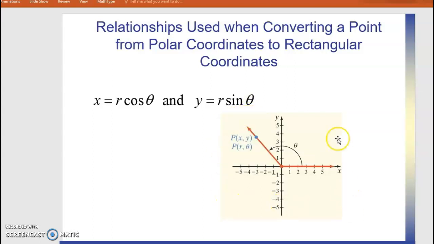The graph shows the angle, commonly referred to as theta, that contains the point.